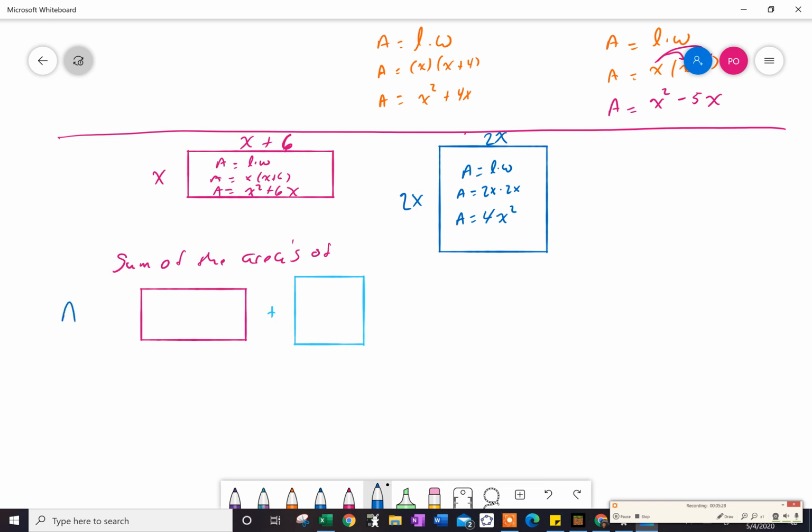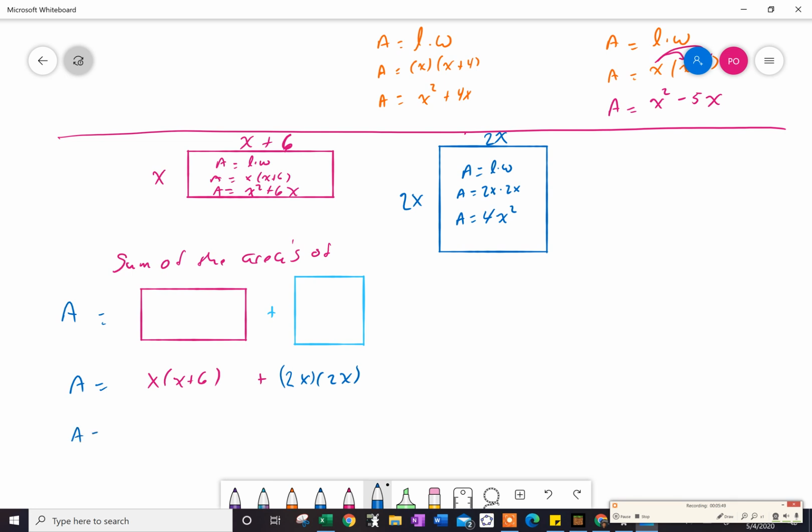So let's say area equals x times x plus 6 plus 2x times 2x.